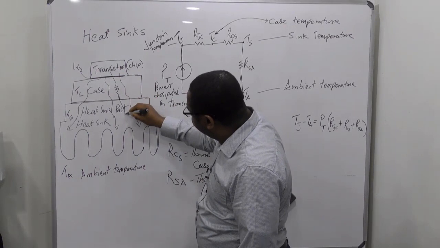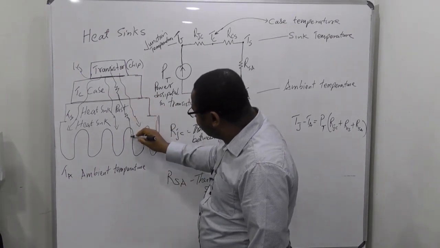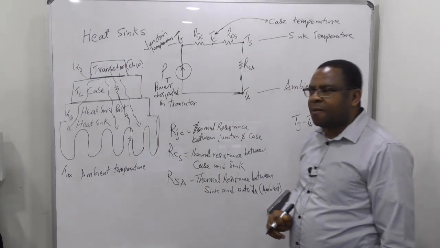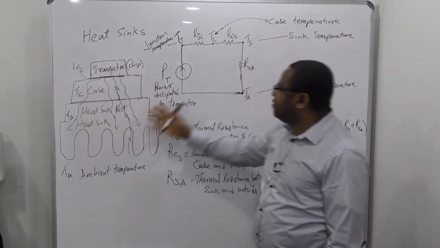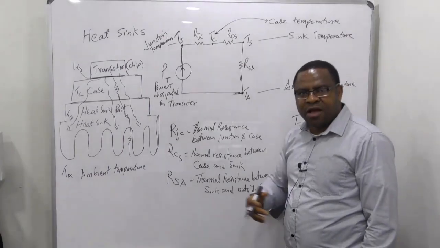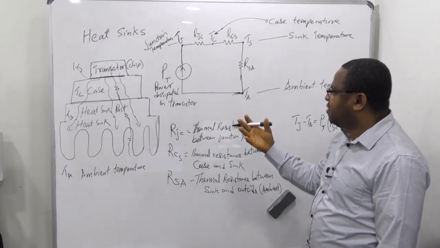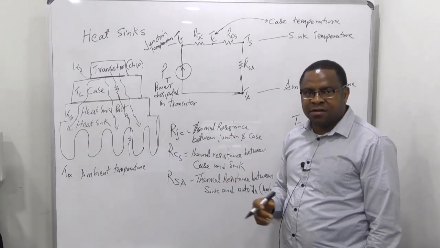There will be a resistance here, all right, and there will be a resistance when this is coming out. All right, so that's why we can sketch this just like our normal electric circuit, but in this case, this is a dissipation of heat.